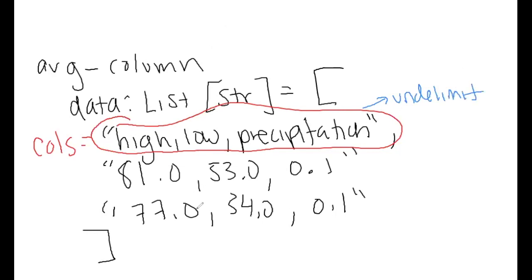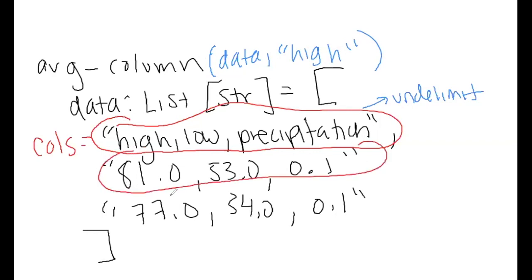Awesome. So let's just say that we had called average column with our data and high. So we want to find the average high in this case. So what we want to do is get all of our numerical values in the first row of our table. So right now, this is just one big string.